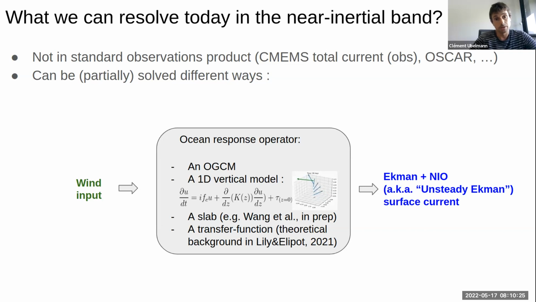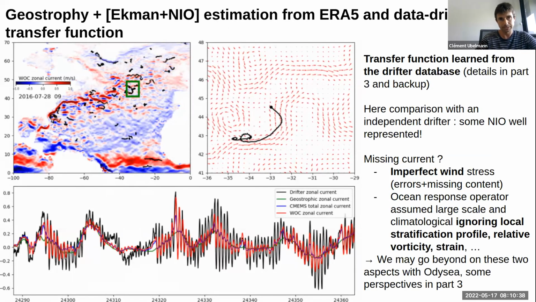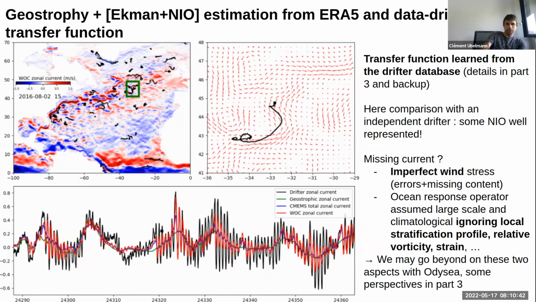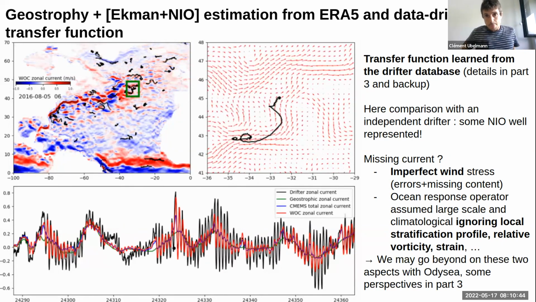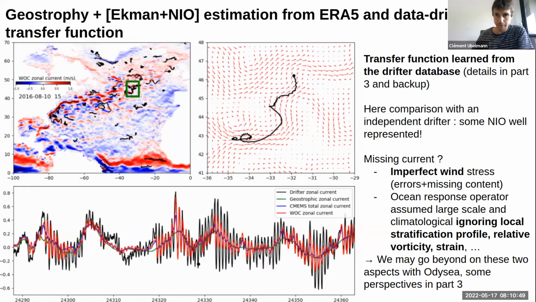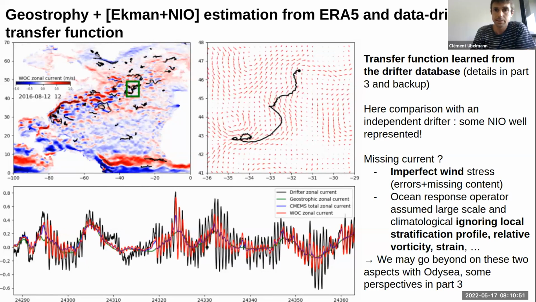And there is also the transfer function approach, which can also do the job of a 1D vertical model. That's something we investigated recently. I will not focus on the method right now; I will talk about this in the third part. But for now, I'll just give the result of what we get by fitting a transfer function empirically from the drifter database.